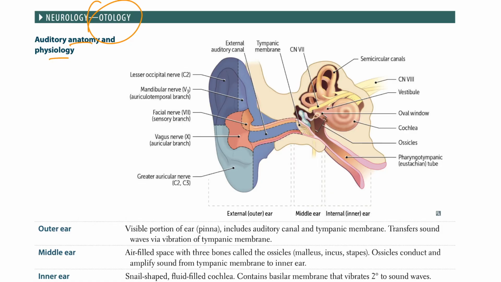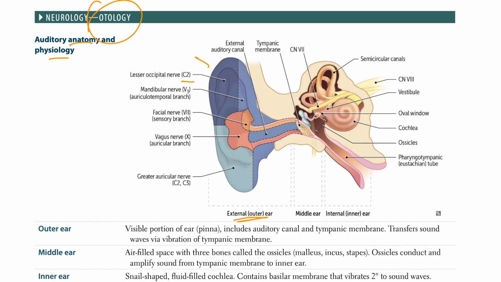Very high yield. So, if you take a look at this image, it's about the nerve supply to the external ear. Okay, so let's just take a look. We have the upper part supplied by the lesser occipital nerve.